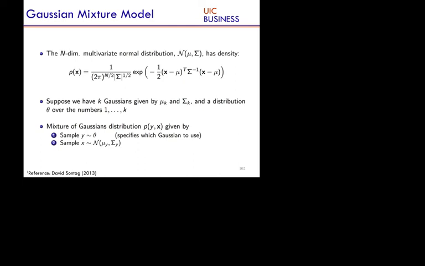Suppose we have k Gaussians given by their means and covariance matrices. The joint distribution is given by: sample y from theta, where theta is a distribution like a multinomial, so basically p of y times the probability of x given y.